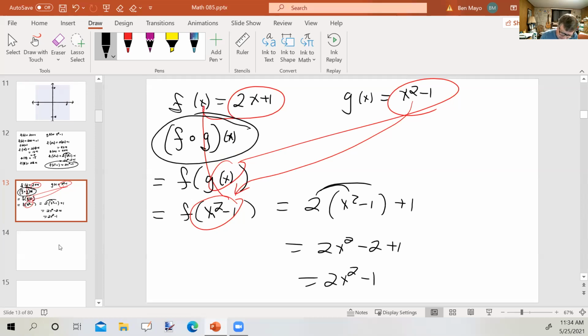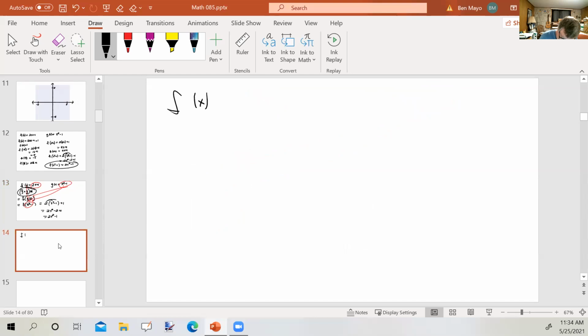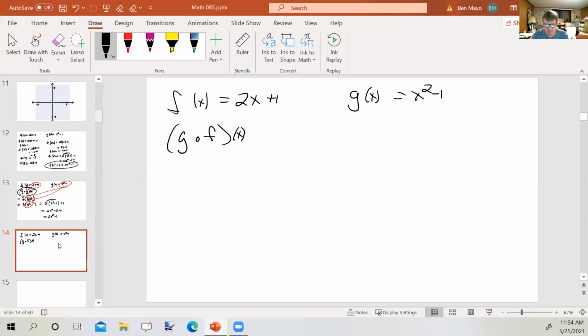Well, let's go back and use these same two functions again. Only now, let's reverse the roles. Let's take g composed with f of x. So that is equal to g of f of x.